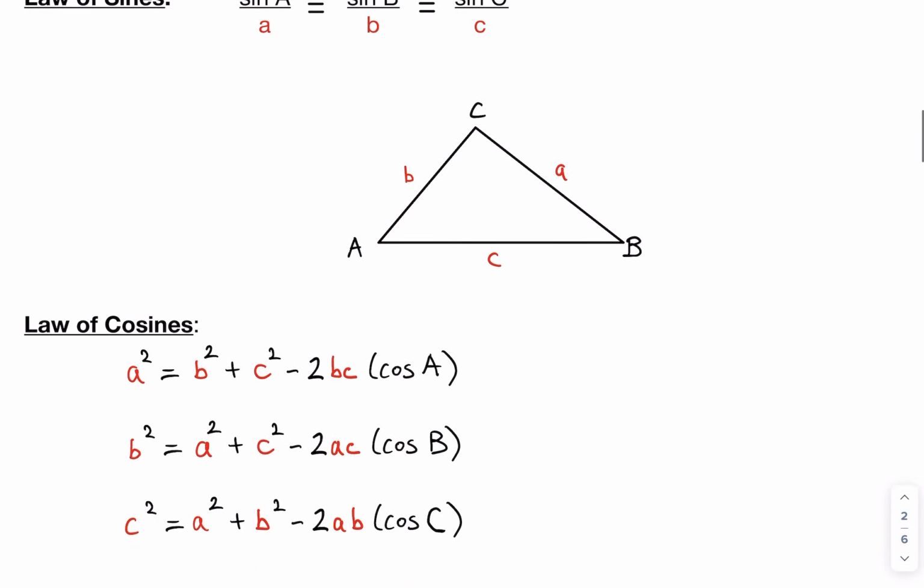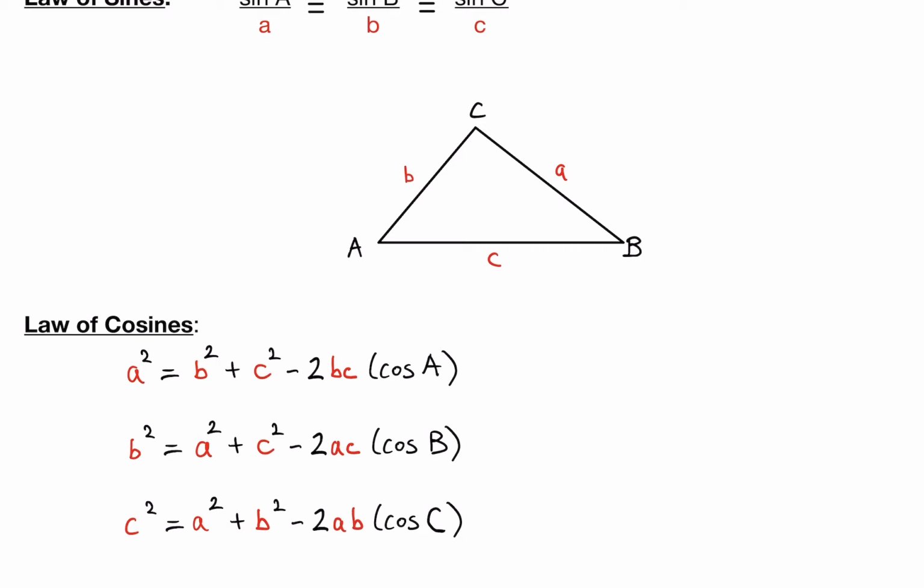Here, if you take a look at this triangle, all the black letters are angles and all of the red letters represent the side length of each side of the triangle.